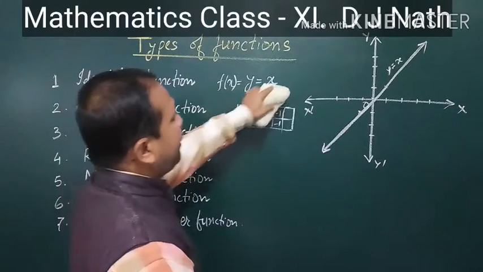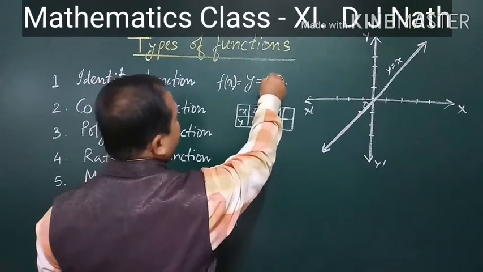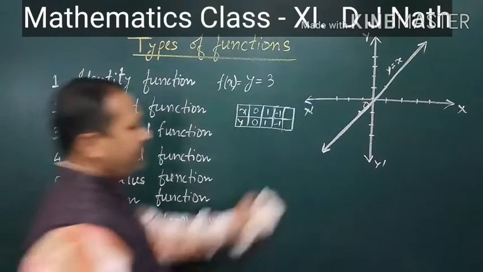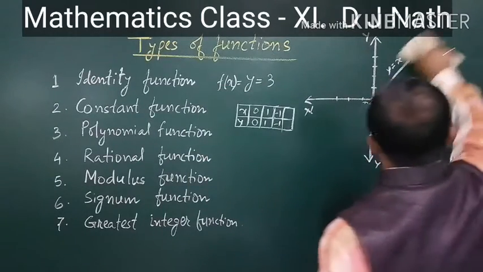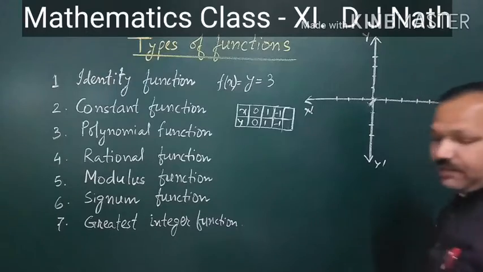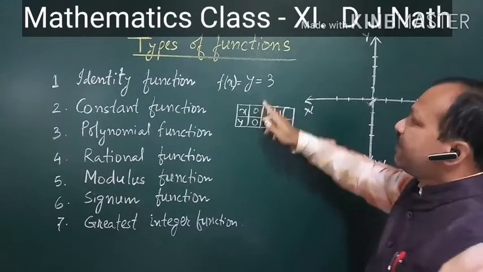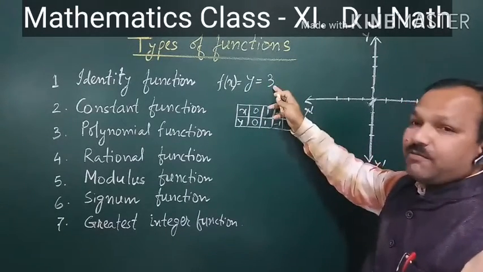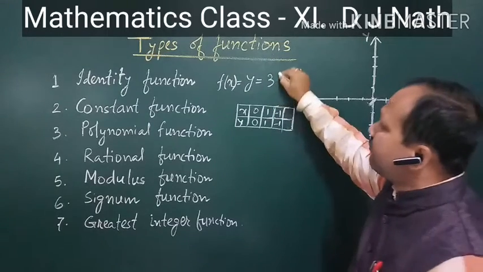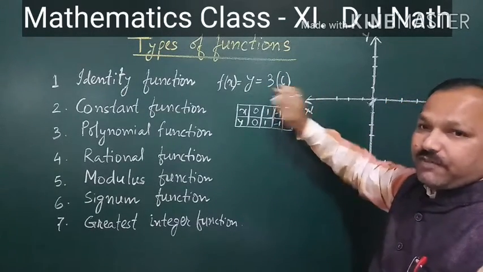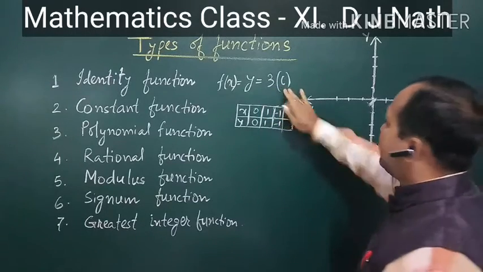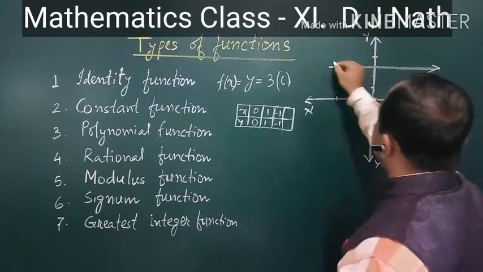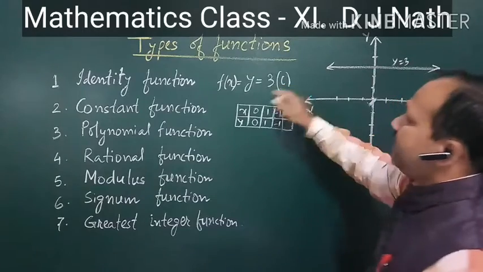You already know that if y is equal to any constant, say y is equal to 3, the graph will be a straight line. Here I have written 3, but it can be any constant, any number. So y is equal to 3 is a line parallel to the x axis. So y is equal to 3, or f of x is equal to 3, or f of x is equal to a constant.